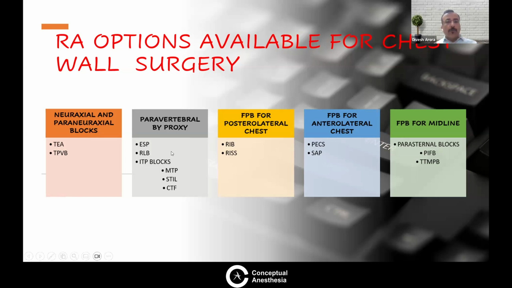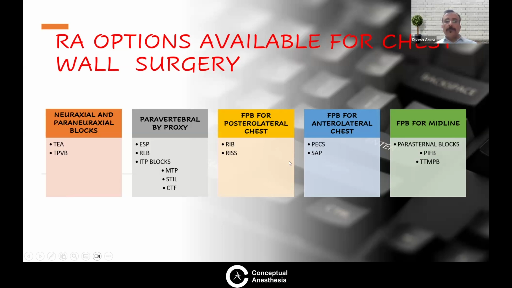And there are a host of blocks: the erector spinae, retrolamellar, and intertransverse process block, which is the umbrella term, for midpoint of transverse process to pleura, the STIP block, that is the subtransverse interligamentary plane block, and the costotransverse foramen block. And then as we move more laterally, we would realize that the rhomboid intercostal plane block and the rhomboid intercostal subserratus plane block can be used to anesthetize the lateral cutaneous branches.